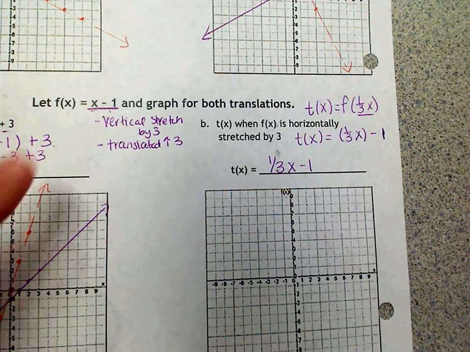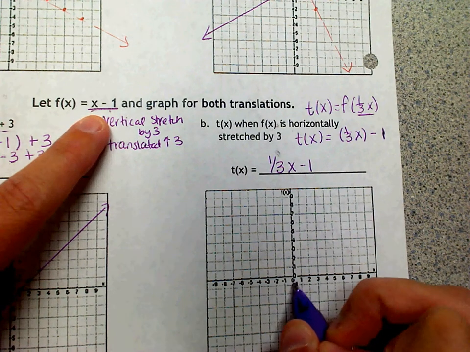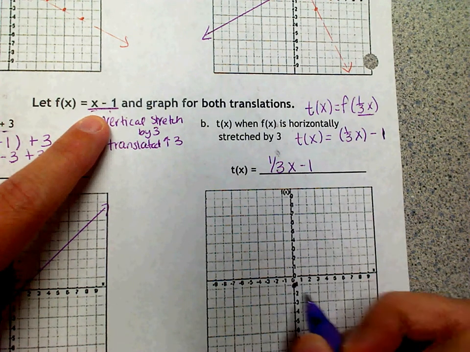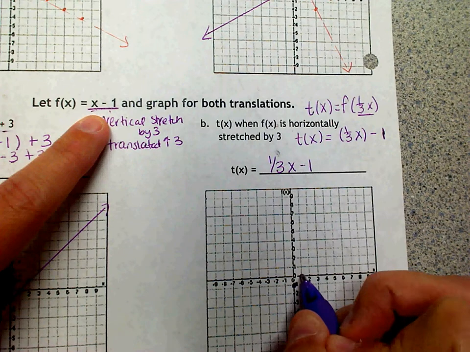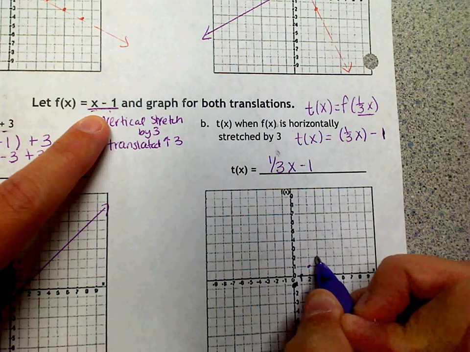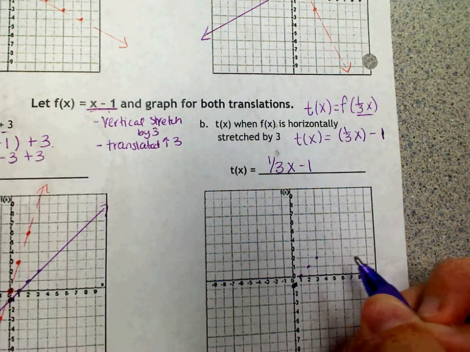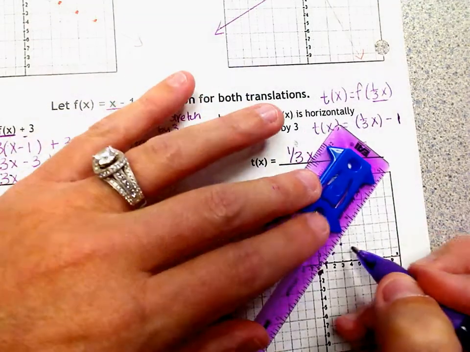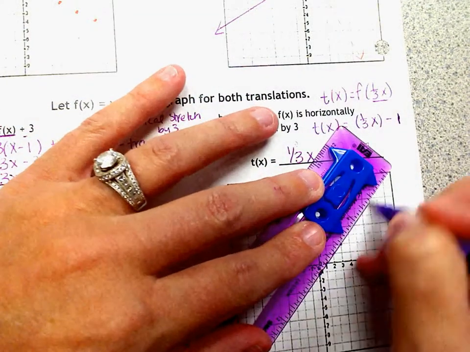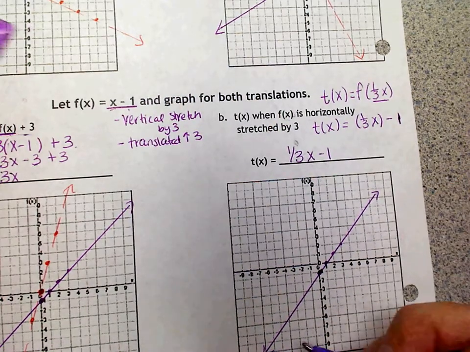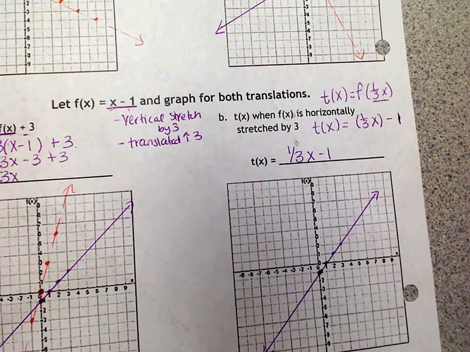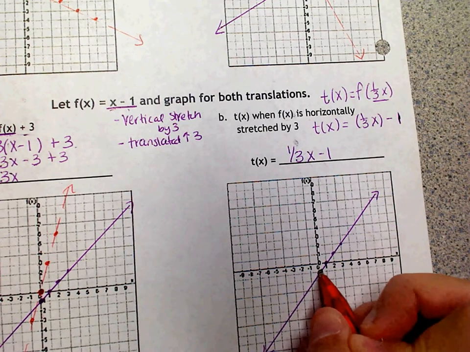So we're going to graph the original one, just like we did on the first one. Y-intercept is at negative 1. Slope is 1 over 1. So that's up 1 over 1. And then to graph the t of x, we're going to start at negative 1 also.